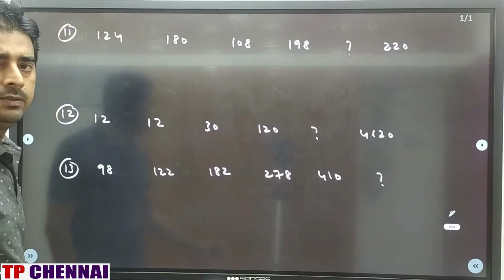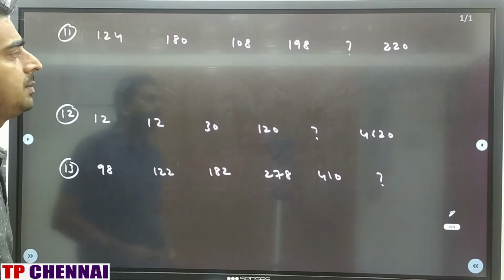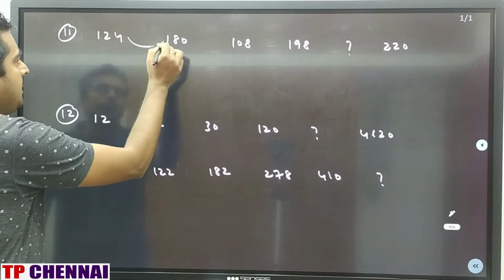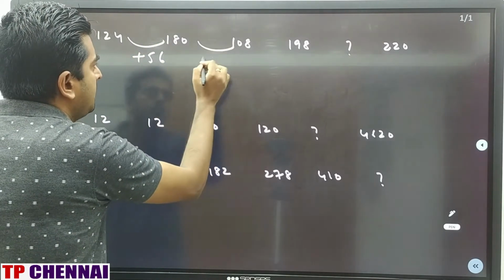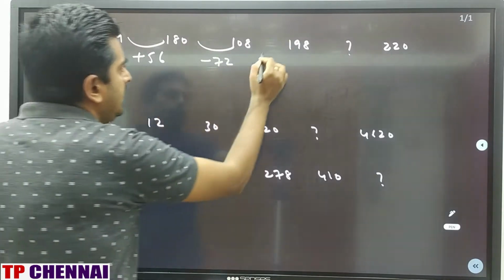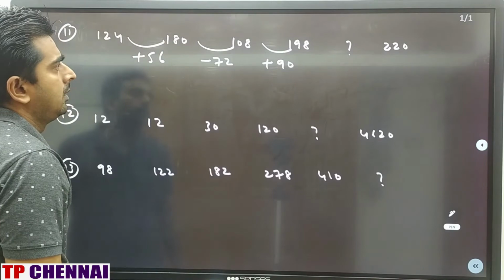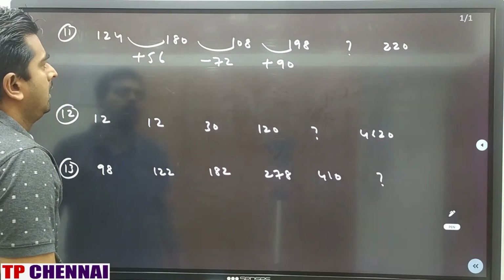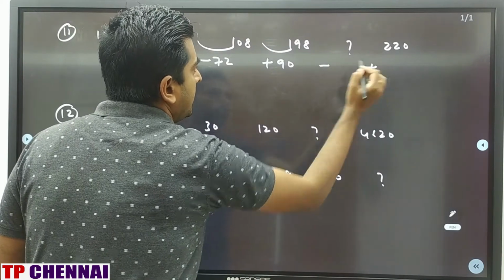One missing number series you will see. So 124, 180, 108, 198, question mark, 220. Here how much gap is there? Plus 56. Here how much gap is there? Minus 72. Here how much gap is there? Plus 90. Plus, minus, plus. So this will be minus only and this will be plus only, right?